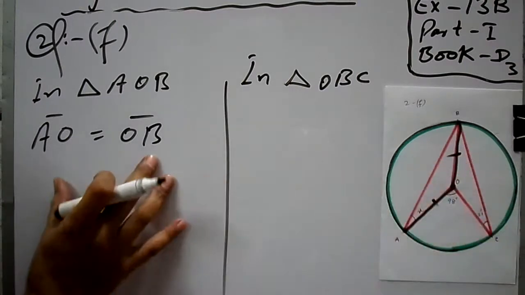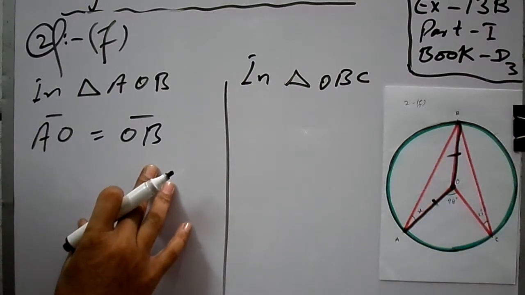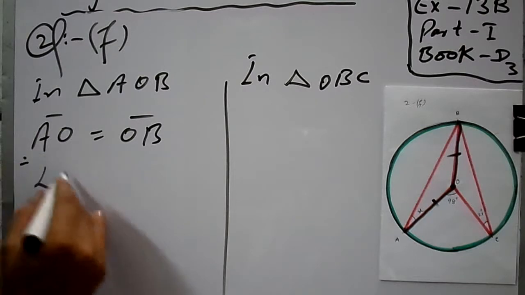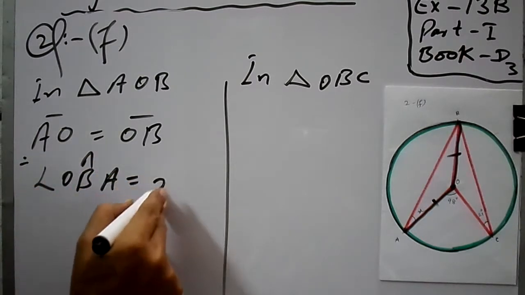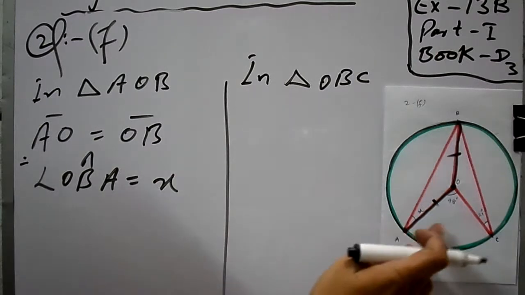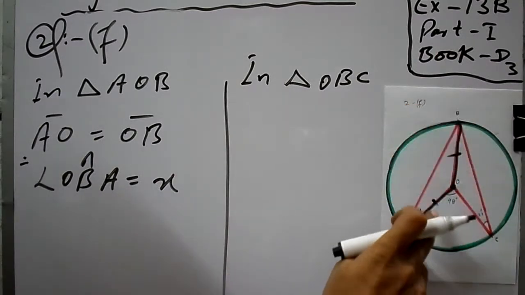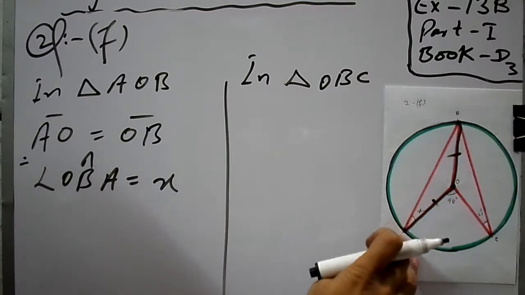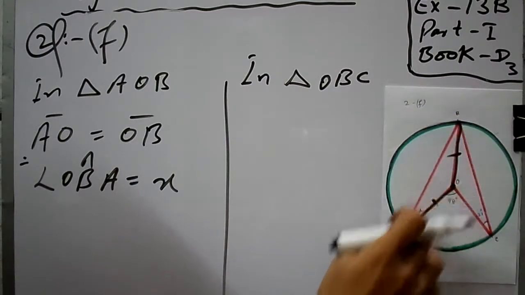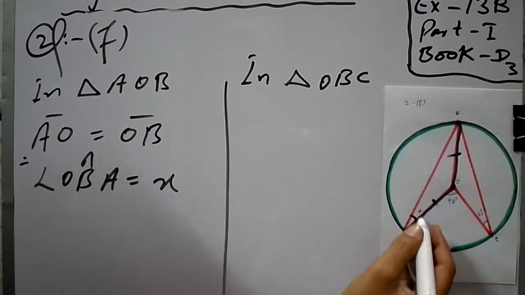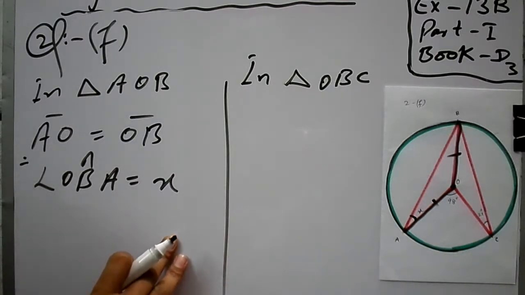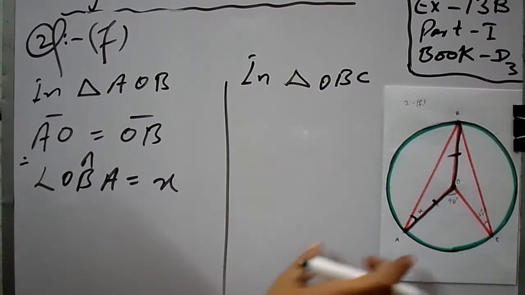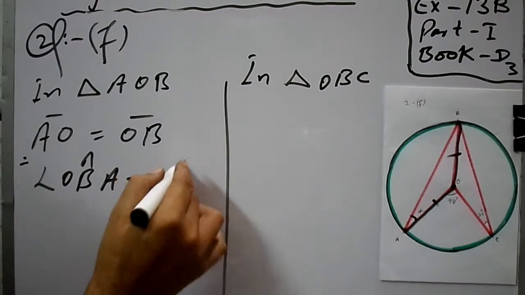Therefore angle OBA is equal to X, and OAB is also, we can say, your unknown angle X degree.